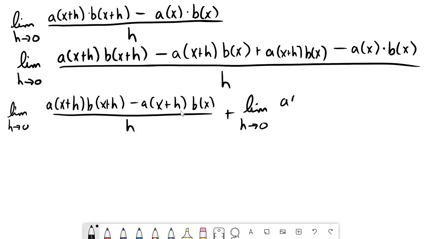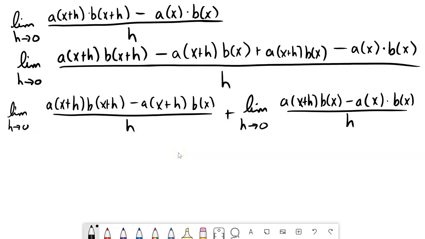So I'm just going to copy the rest. And now we have something interesting here. This introduction of a new term allowed us to do something that wasn't possible before.